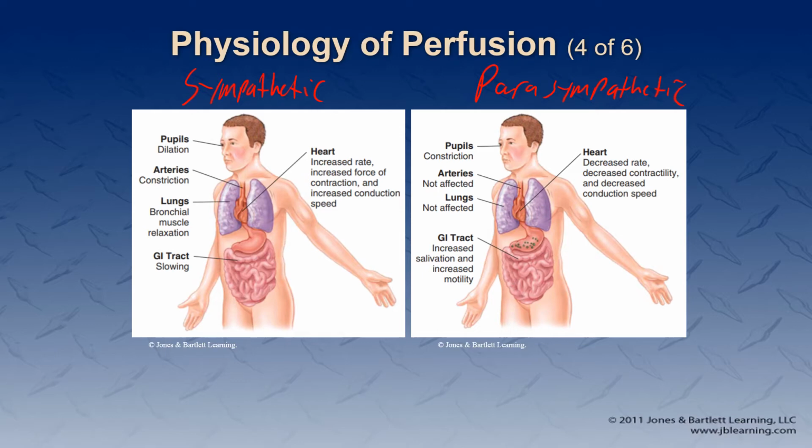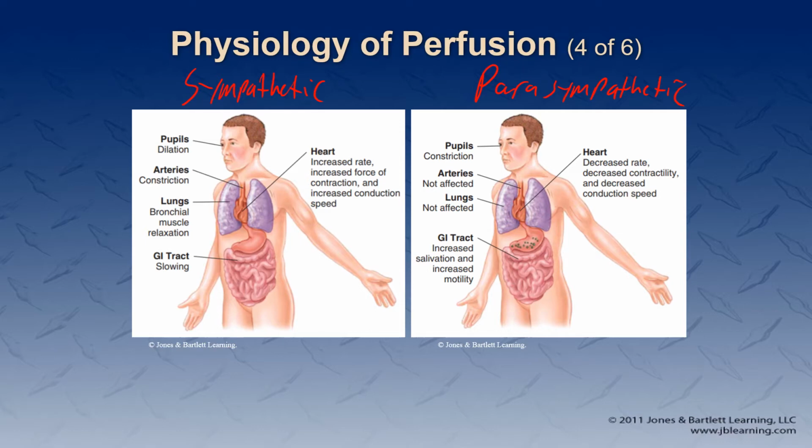we have our parasympathetic. So under high sympathetic signaling, you get dilated pupils, you get arterial constriction, right? Because that's going to increase our systemic vascular resistance. That's going to raise the blood pressure. You get bronchial muscle relaxation. That's going to allow better airflow, better oxygenation.